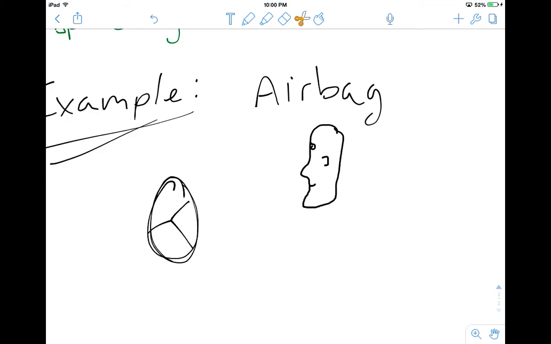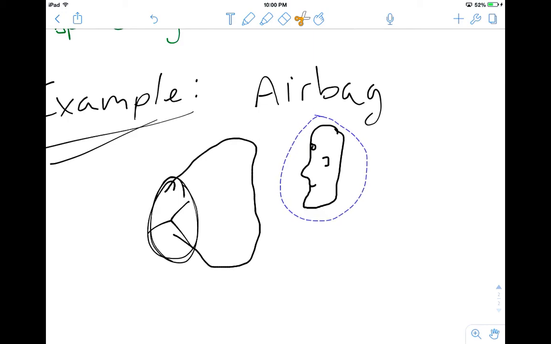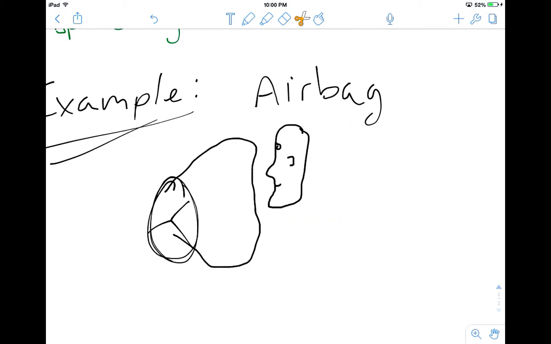So what an airbag does is it inflates. Now, when your head flies forward, it hits the airbag first. Your head is going to experience the same change in momentum, so it still has to slow down just as much as it did when it hit the steering wheel.